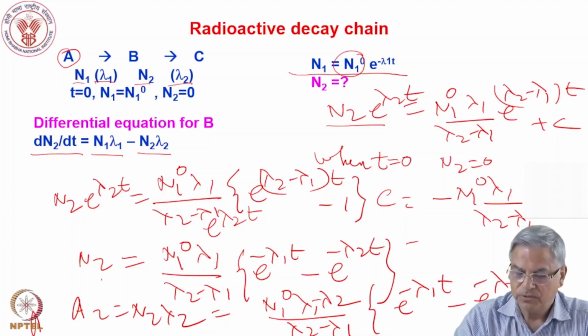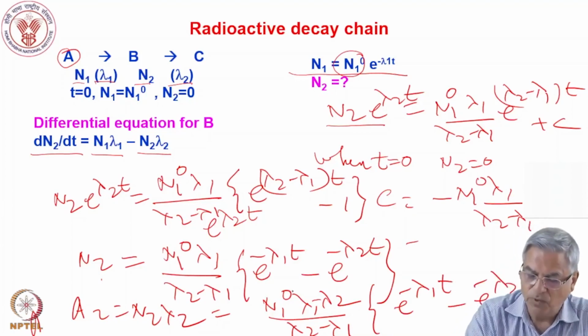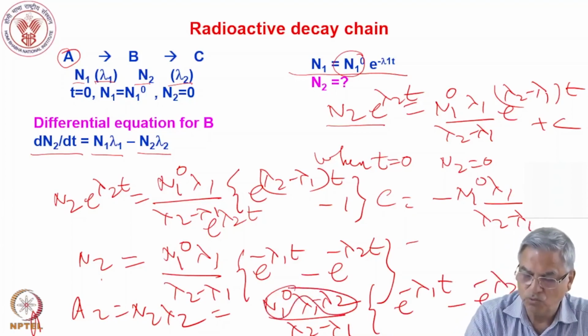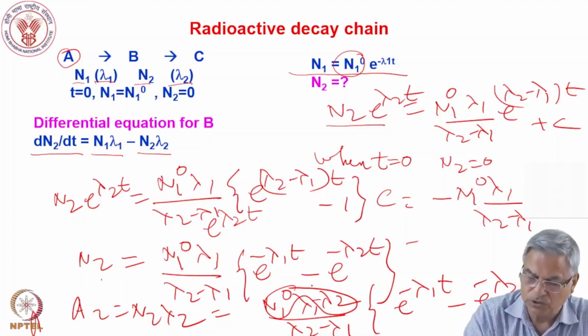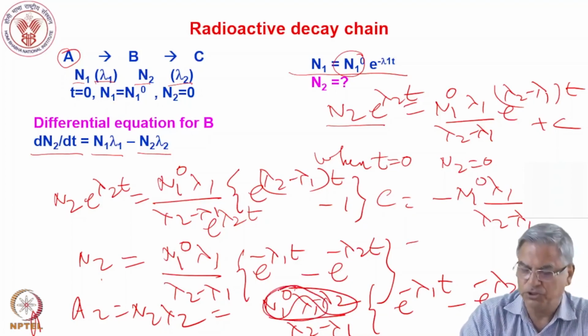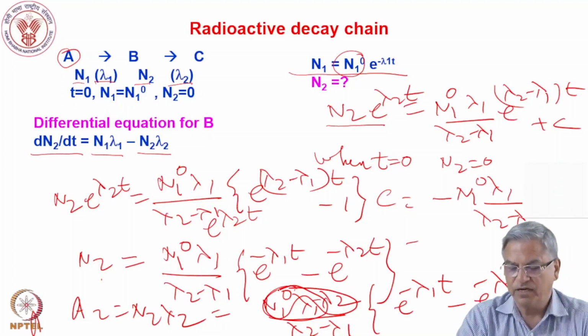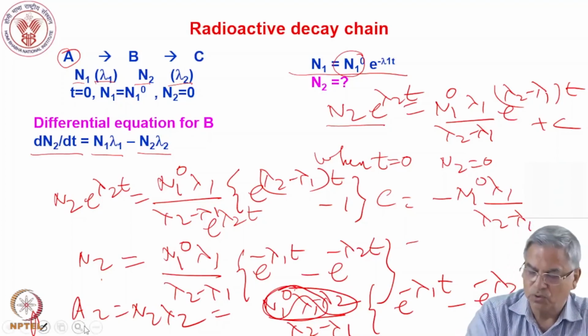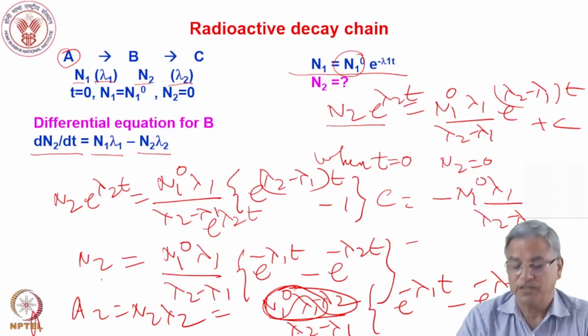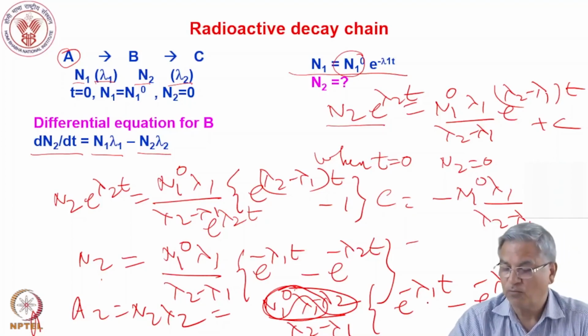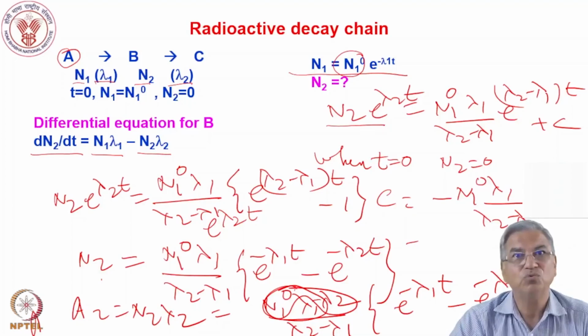And so you can see here, this N1 0 lambda 1 will become A1 0, and so the final equation will be A2 equal to A1 0 lambda 2 upon lambda 2 minus lambda 1 into e raised to minus lambda 1 t minus e raised to minus lambda 2 t. So this is an important relationship.